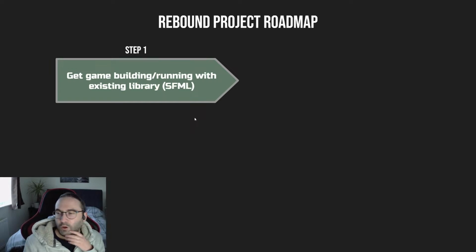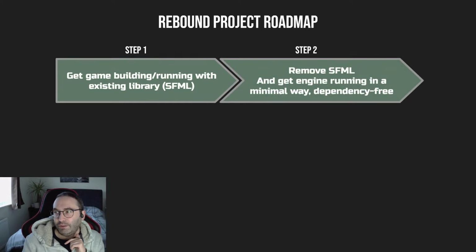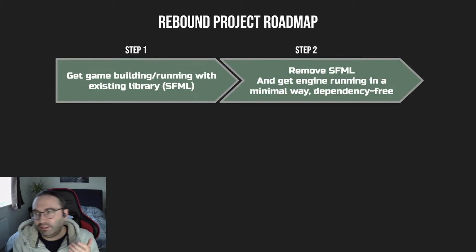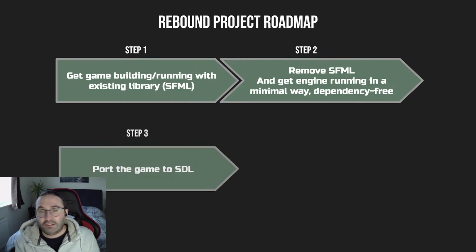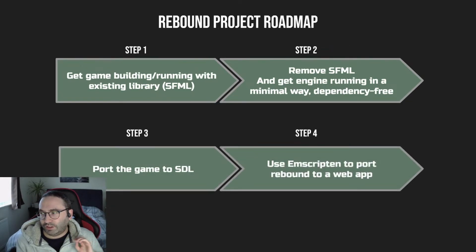Step one was to port or get the existing project working in SFML. The second step was to remove SFML, get it dependency free, and then convert to SDL. So that's all been done. And then the final step was to use scripting to port Rebound to a web app. And I'm essentially at the last stage now.